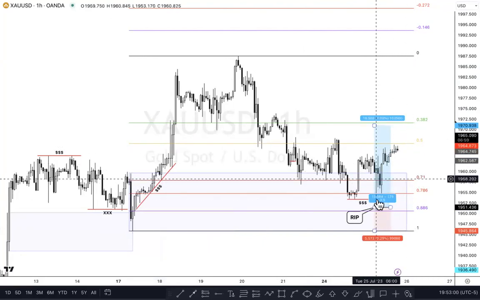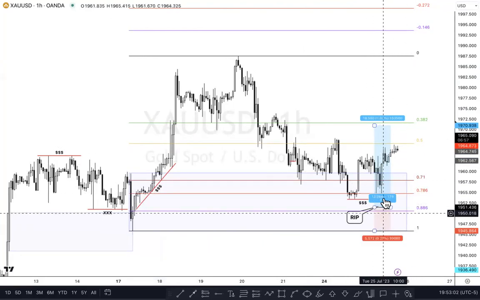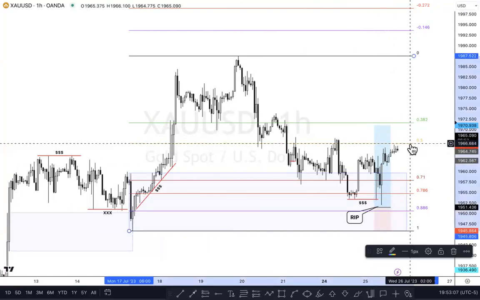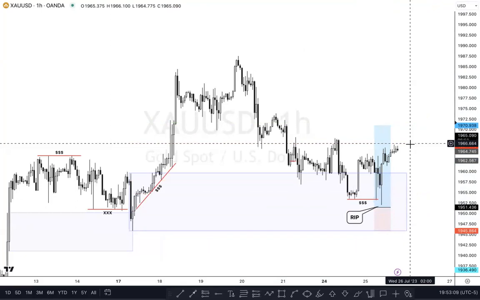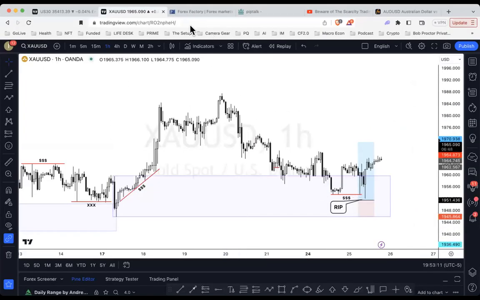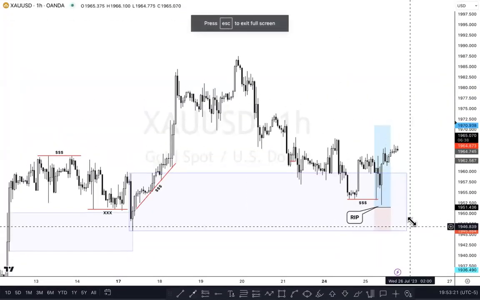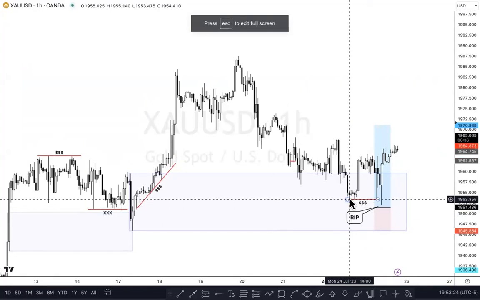But anyways, so we got in between that 786, 886 pullback. It's clean. And guess what, guys? No surprise. We had some news events this morning. So at 9 a.m., and we talked about it on the live session, we saw equal lows here.